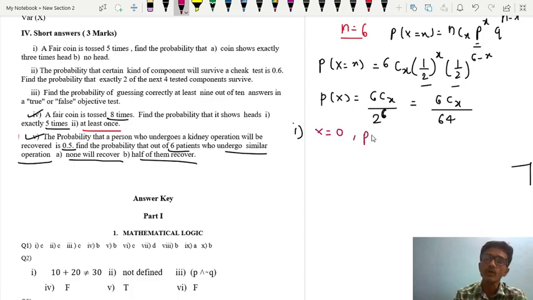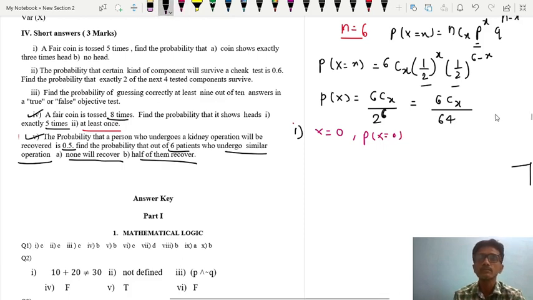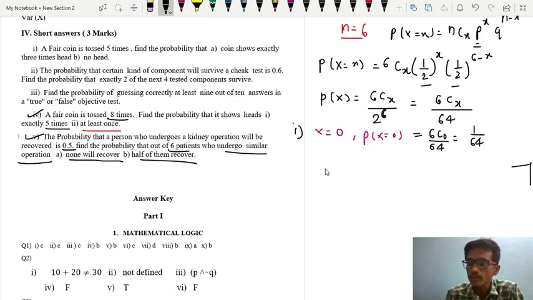So P of x is equal to 0 will be equal to 6C0 upon 64. Now 6C0 is 1, so it will be 1 upon 64. Therefore, the probability that none will recover is 1 upon 64.